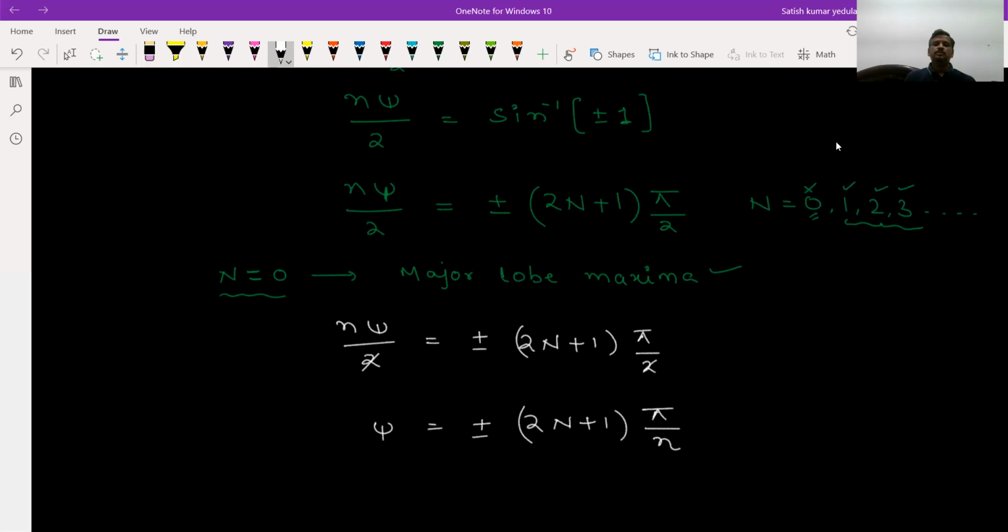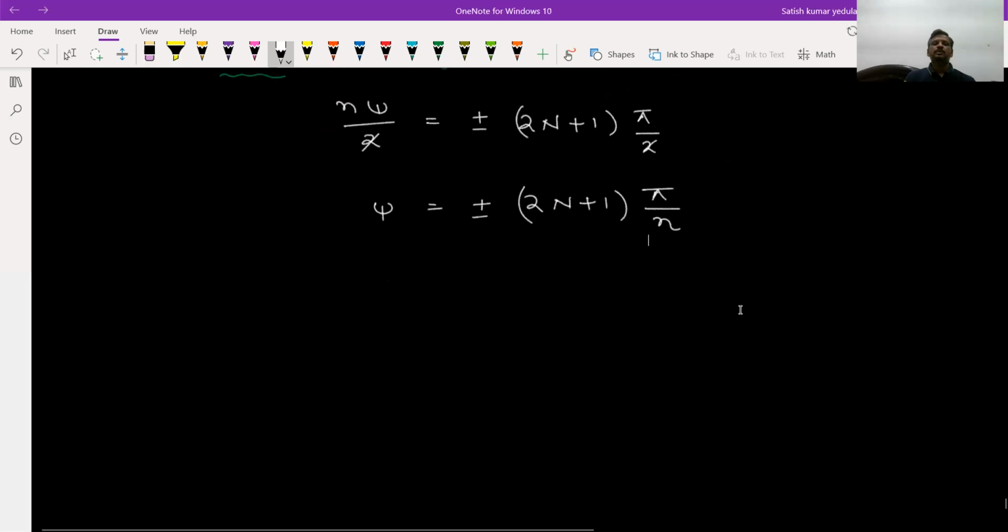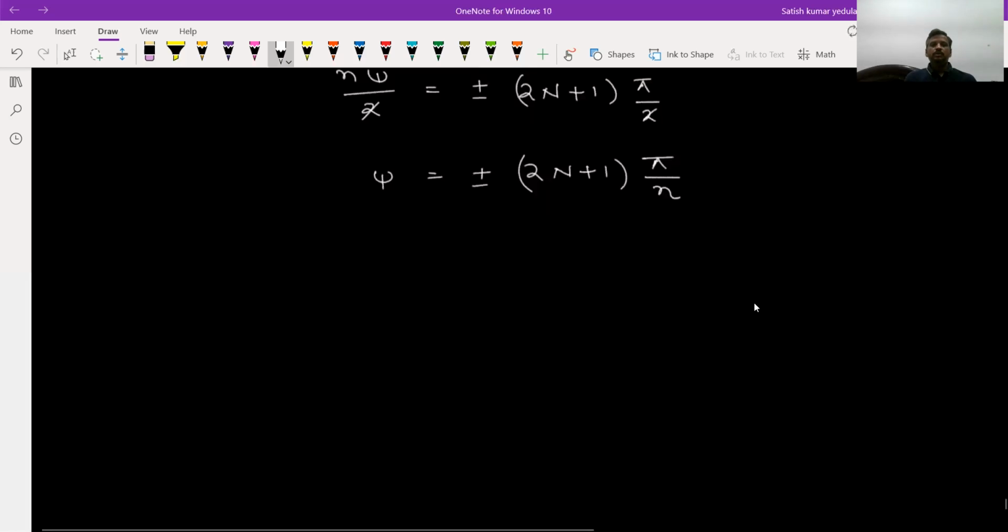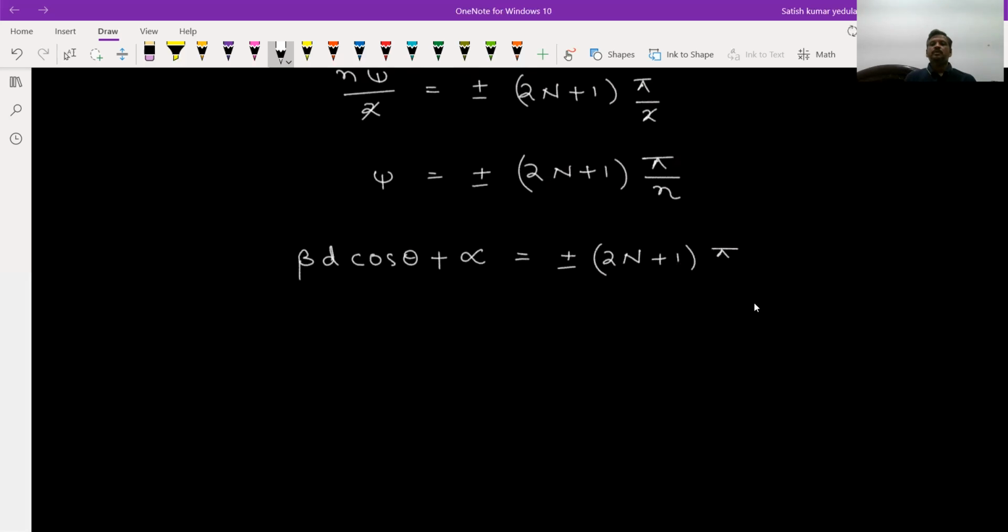Still it is not completed, because psi, what we know, is beta d cos theta plus alpha. Either you can substitute alpha equal to 0 now itself, or else after sending it to the right hand side. Anything is fine. Plus or minus 2n plus 1 into pi by n.